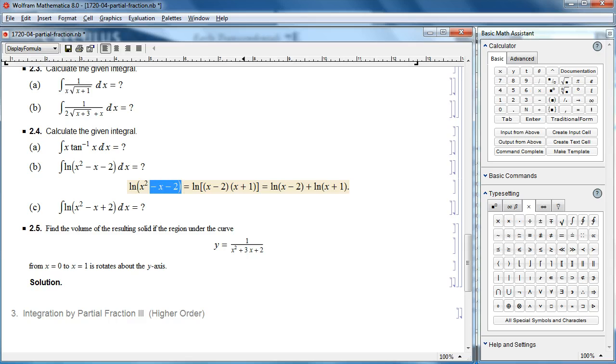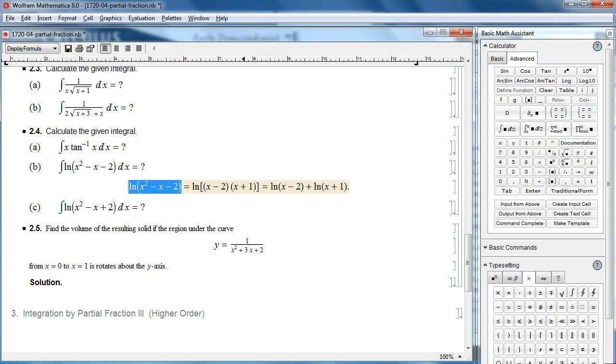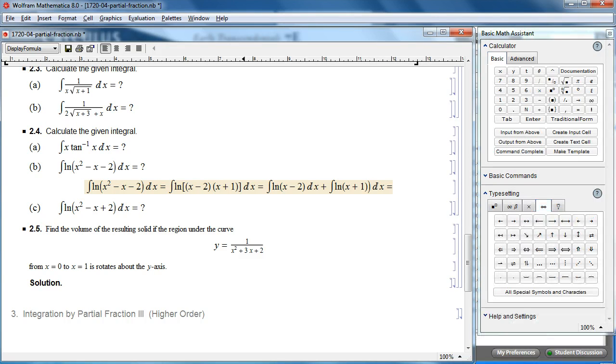Okay, let me give you a little bit further hint. dx is equal to that, and consequently that's equal to that, and then we have integral of sum, so we can decompose them into sum of two integrals, and then everything will take care of itself here.